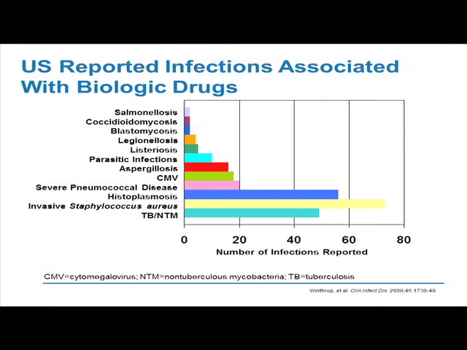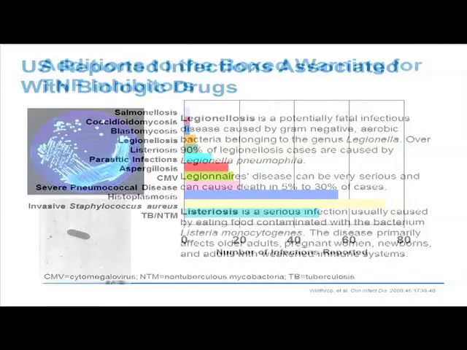But the ones that seem to dominate are still mycobacterial infections, which I'll comment on in a minute, bacterial infections such as invasive pneumococcus and staph. So when we use advanced immunobiologics, we have to be poised to deal with these. This is kind of high altitude.